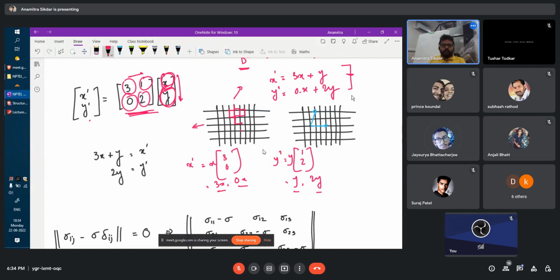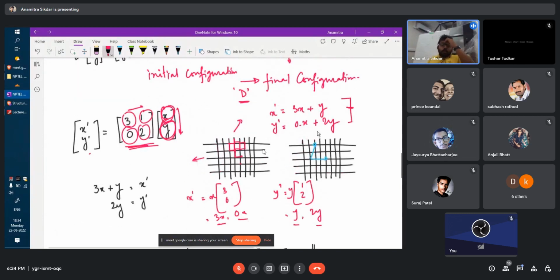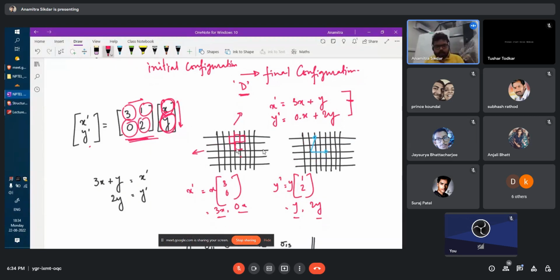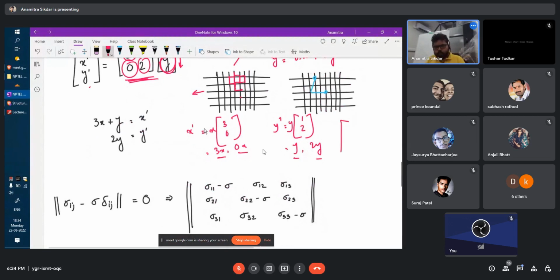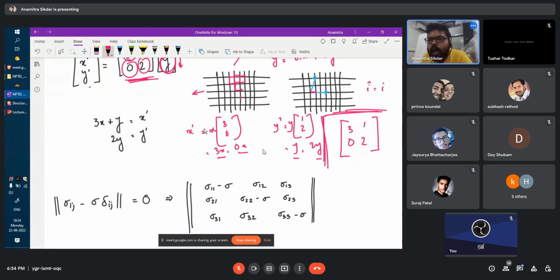If you look closely, let me write it again. This is the deformation matrix, so forget everything else. What happens is that this small line, this small unit x, consider it as I hat, has produced a new I dash hat.